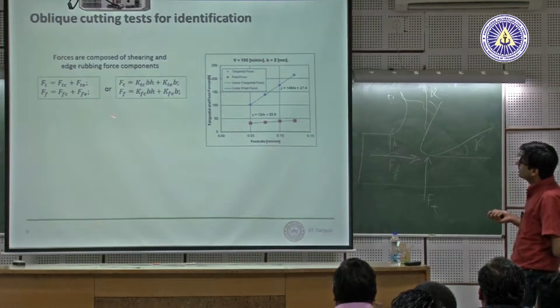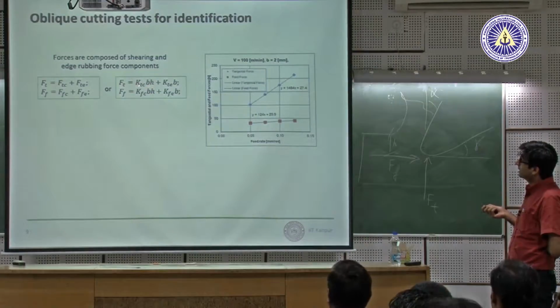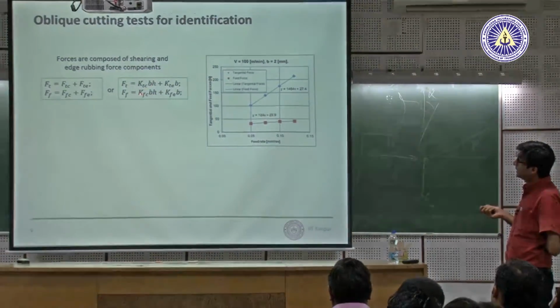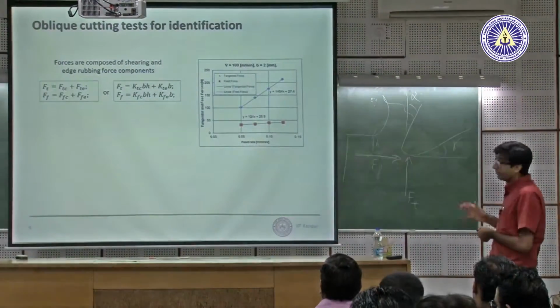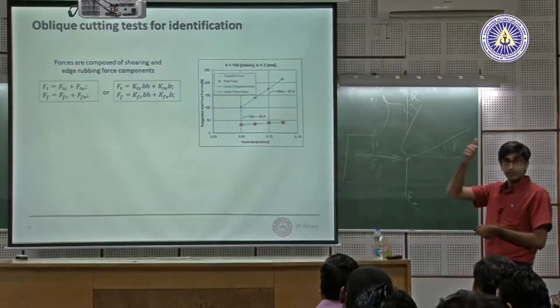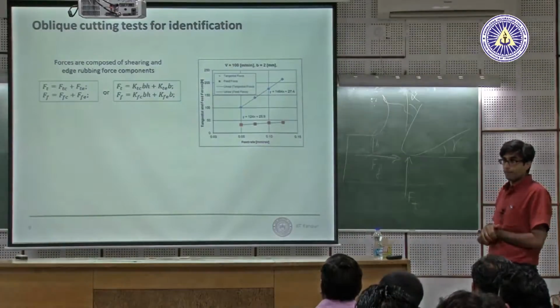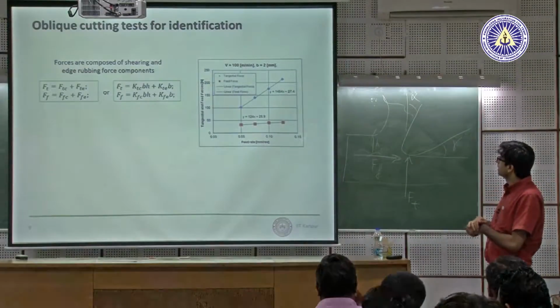Okay, so if you remember these two equations, what we want to get is KTC and KTE, as well as KFC and KFE. The 4 coefficients is what we want. And we have 4 experiments that we ran, measured thrust force and cutting force at different values of feed, made this nice figure.